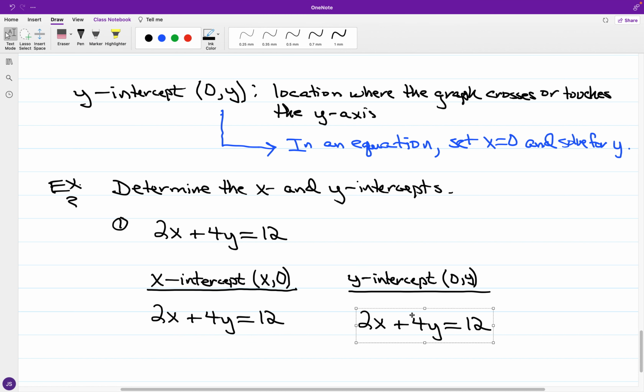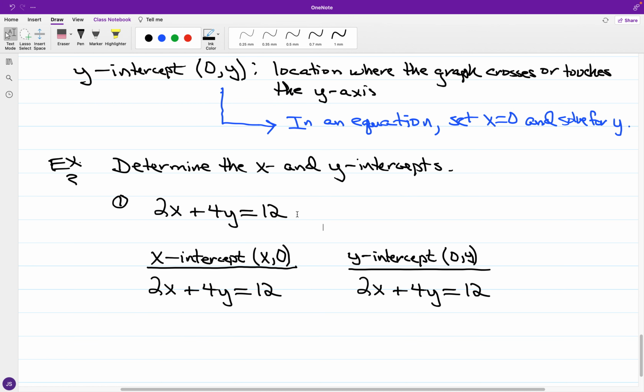So utilizing the same equation, now looking for the x-intercept, this time we set y equal to 0 and solve for x.